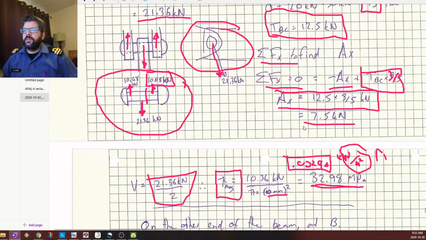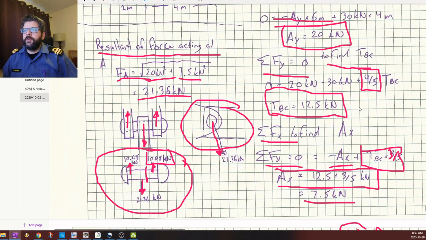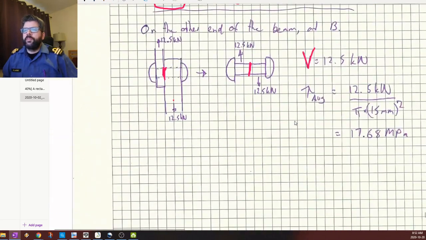Our TBC right here, 12.5 kilonewtons. And again, it's working at a particular angle. We don't necessarily need to know what angle it is to figure out what the stress level is in the bolt. We just need to know the load.